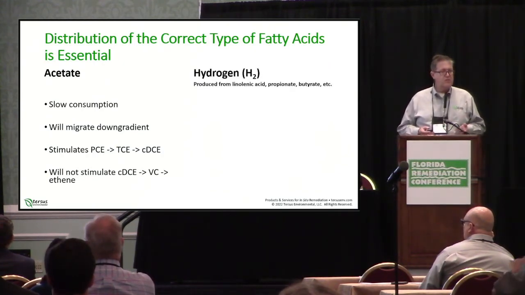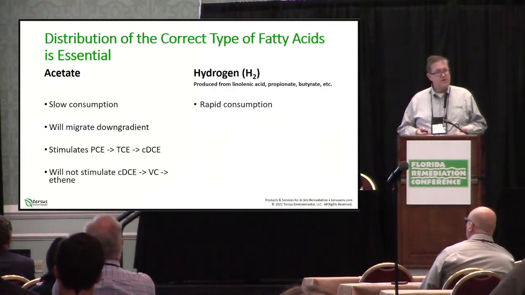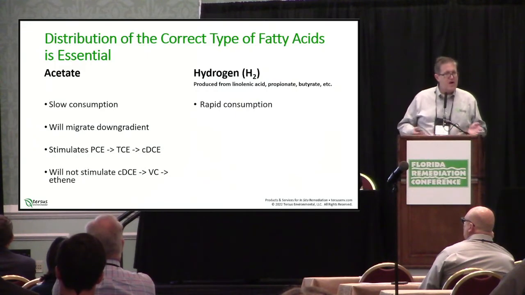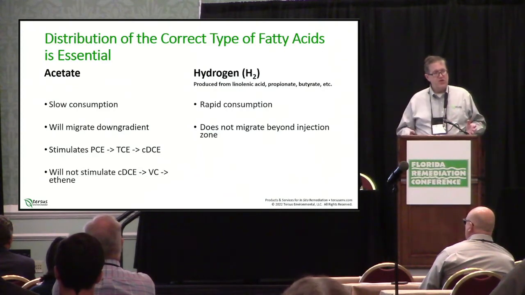And hydrogen is produced from specific types of volatile fatty acids, so VFAs. And we also encourage, when you're doing a reductive dechlorination project, that you include volatile fatty acids as part of your monitoring program. Hydrogen, though, has rapid consumption. It's not going to stick around very long, and it doesn't migrate very far from the injection point.